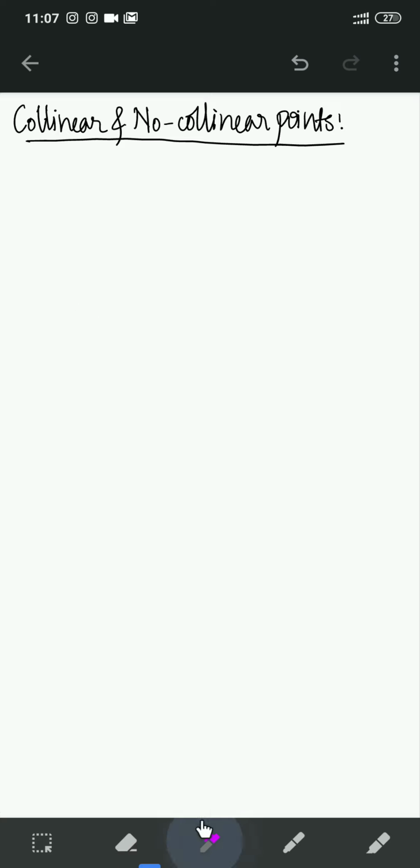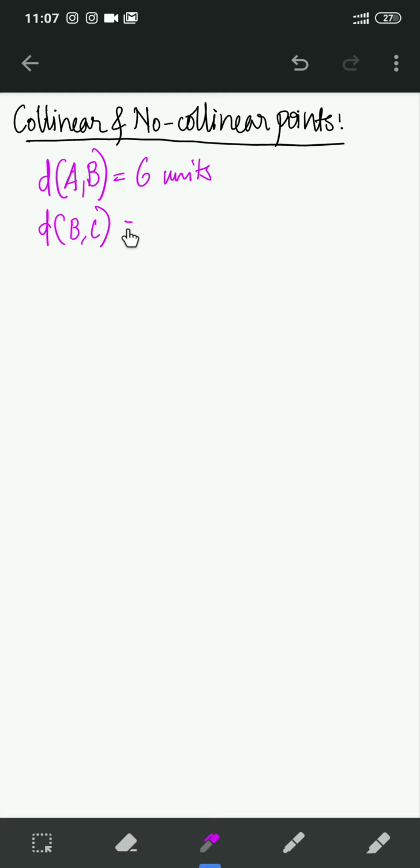Let's take an example. The distance between points A and B is equal to 6 units. The distance between points B and C is equal to 10 units. And the distance between points A and C is equal to 4 units.